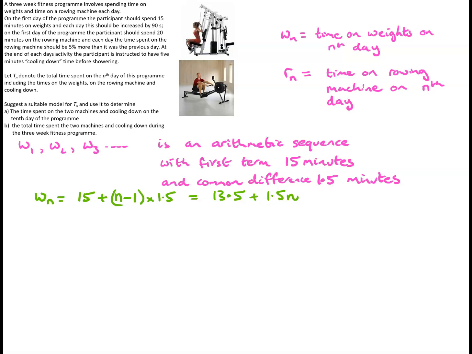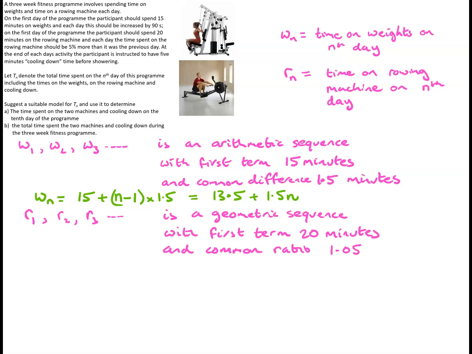So that means that the sequence R1, R2, R3, Rn, etc. is a geometric sequence with first term 20 minutes and a common ratio of 1.05, because the amount of time we're going to spend on the rowing machine on a day is 1.05 times the amount of time that we spent on the rowing machine the previous day.